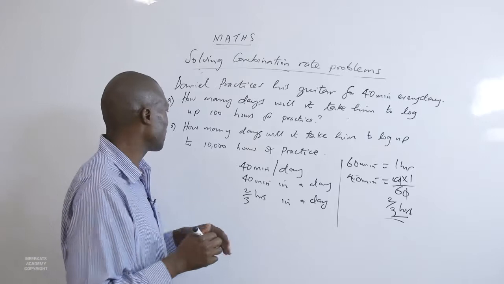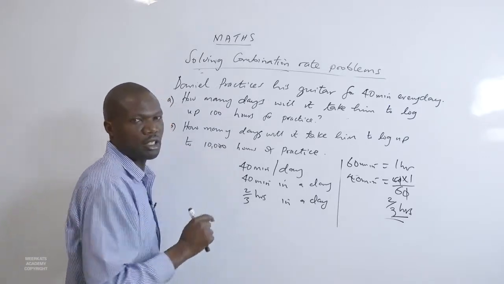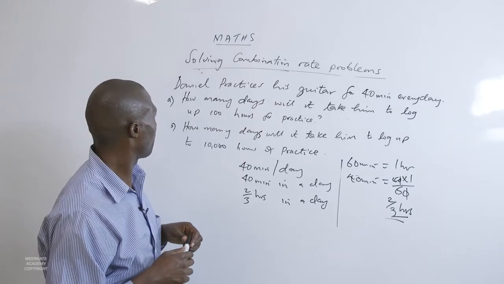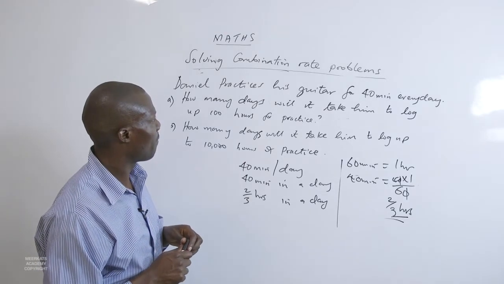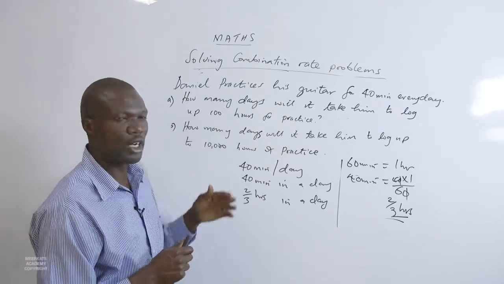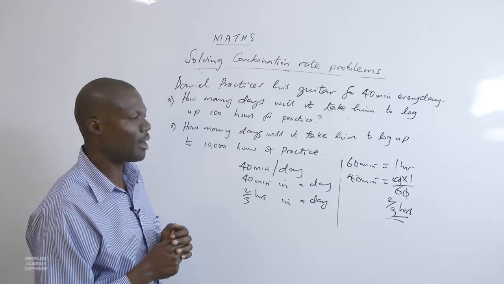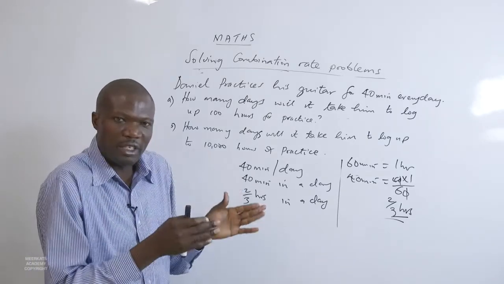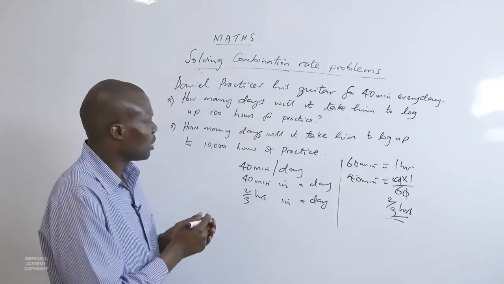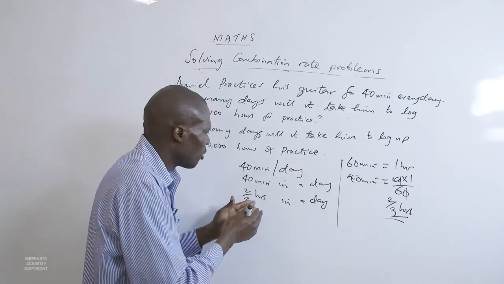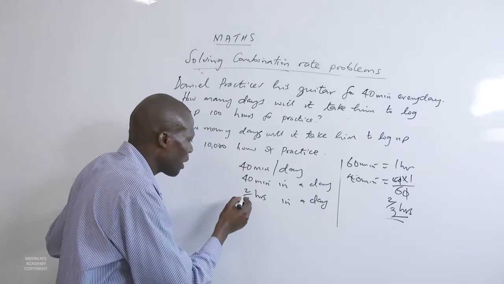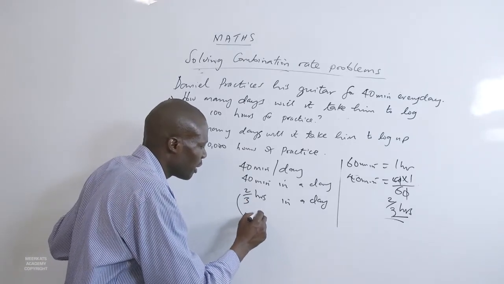Then the question now is asking us for 10,000. For the first part, it's actually asking us for 100 hours. So everything is in hours. We have converted from minutes to hours. Now we are ready to go. So if 2/3 of an hour a day is his practicing time, what has happened here to give us 100 hours?